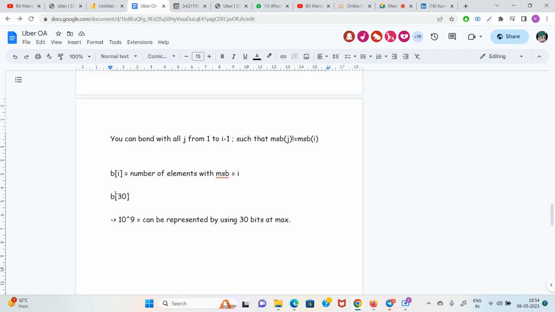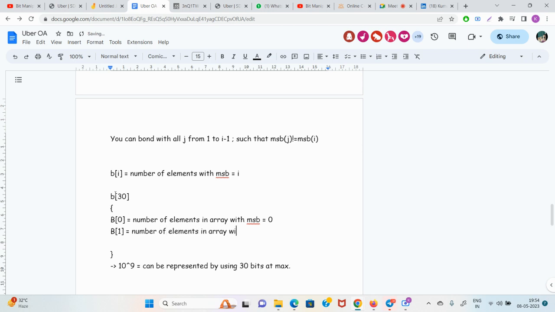B of 1 means the number of elements in the array with MSB equal to 1. Similarly, till B of 30 we have.